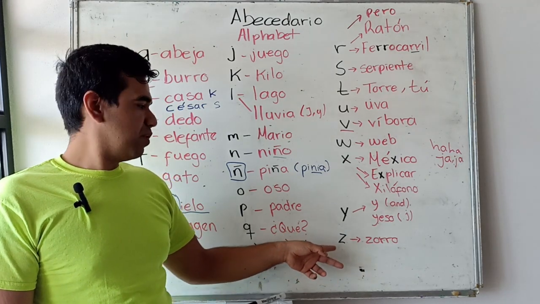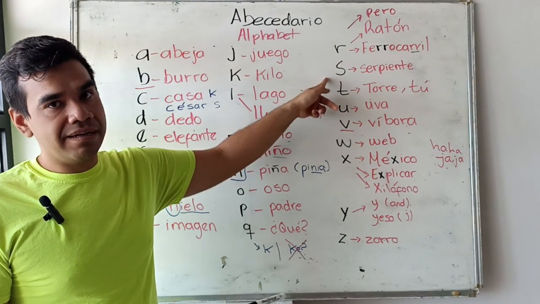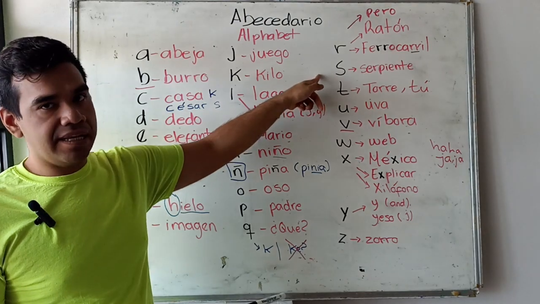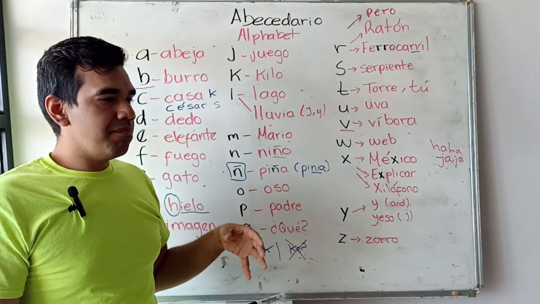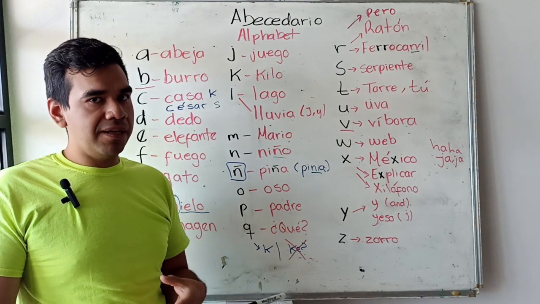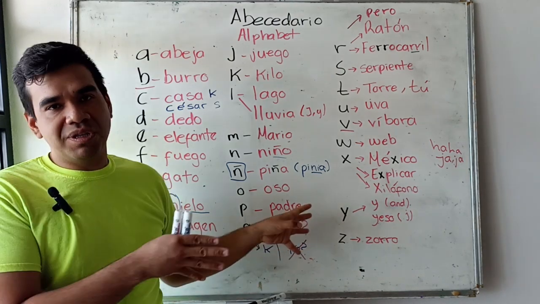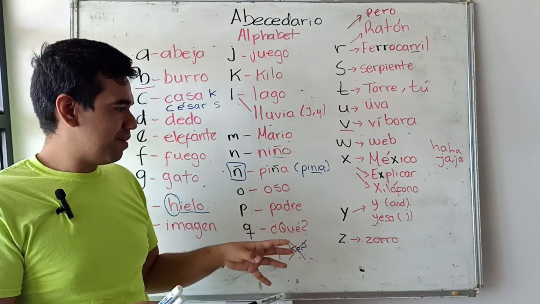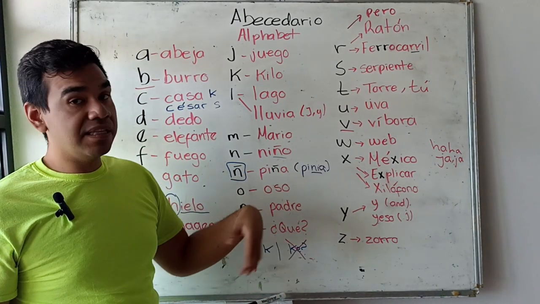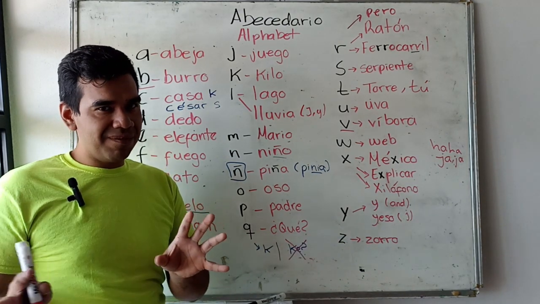In many countries, we don't make the difference between Z and S, because of history, we learned the language differently. That's another topic. For instance, in Mexico, you say zorro with an S sound.